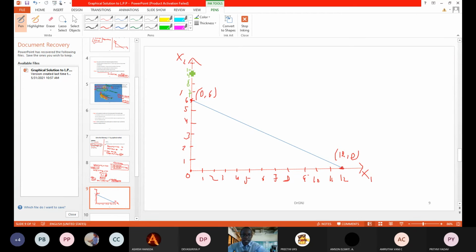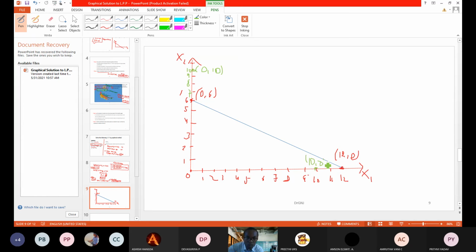Okay, 10. If x1 is equal to 0, x2 is equal to 10. This point means the coordinate (0, 10). Now, if x2 is equal to 0, x1 is equal to 10 here. Here we have (10, 0).